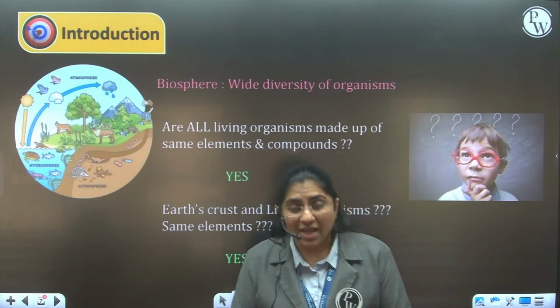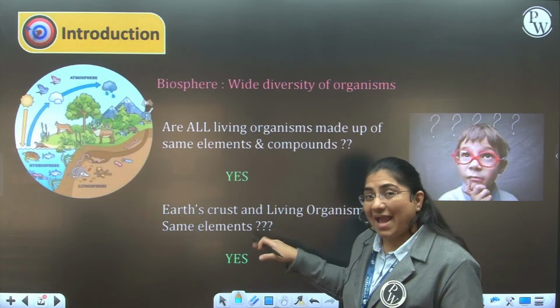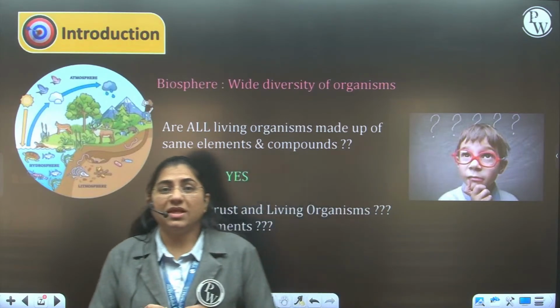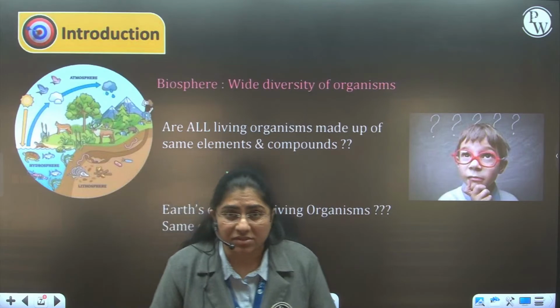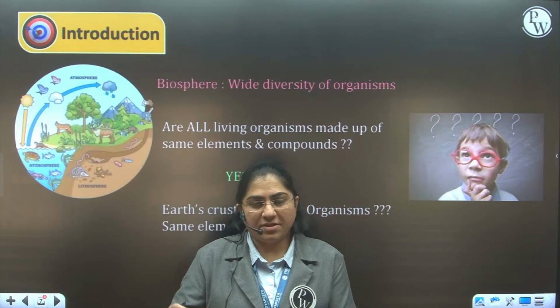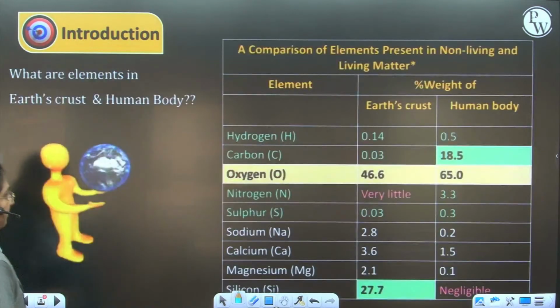We will be surprised to know that the Earth's crust and the living organisms, on elemental analysis, showed that they are made up of the same elements. However, obviously, the composition and the percentage will vary. So what is the difference? Let's have a look at it.